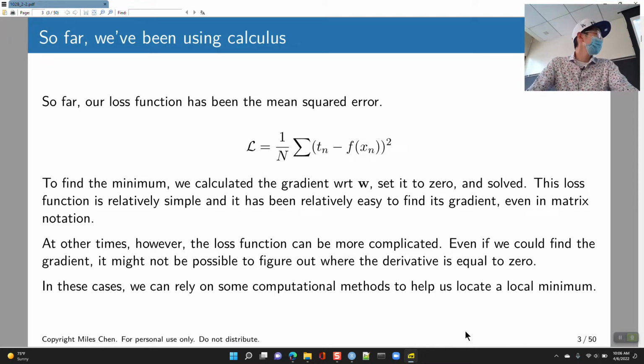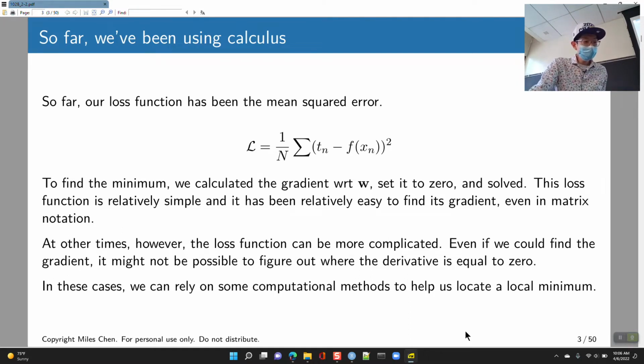In that case, it gets harder to find the gradient. And even if you do find it, it might not be easy to set it equal to 0 and solve, because that's a whole other problem. Figuring out the gradient is one thing, but setting it equal to 0 and solving is a whole other issue.